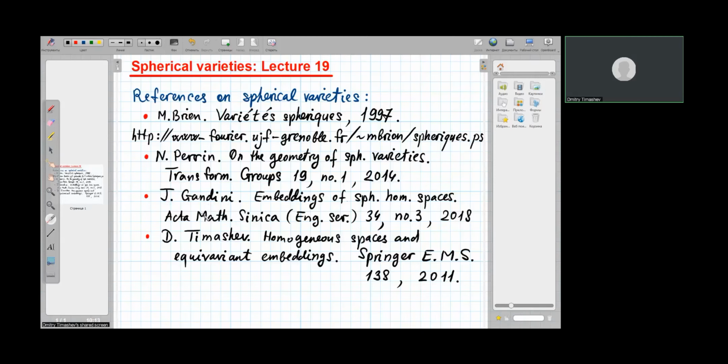And finally, I can give you a reference to my book, which is of more general scope. It is devoted to homogeneous spaces, not only spherical, but more general. But there is also some information about the spherical case in this book. And there are a lot of references, a quite complete list, at least for the state of 2011.